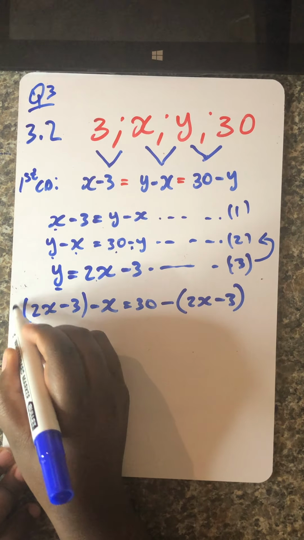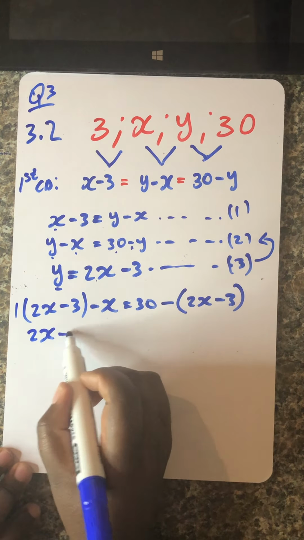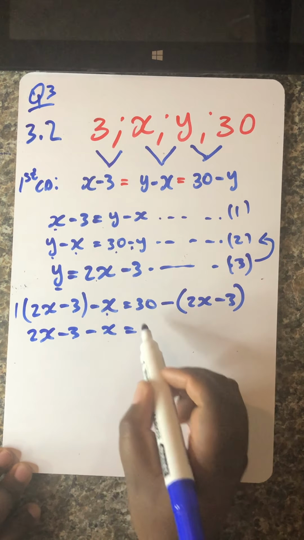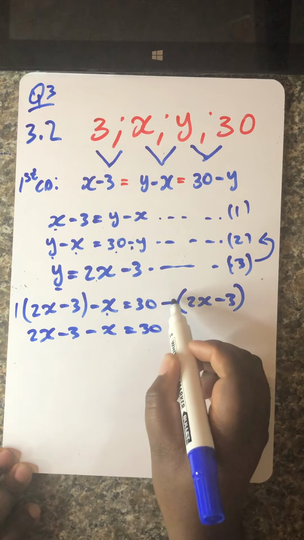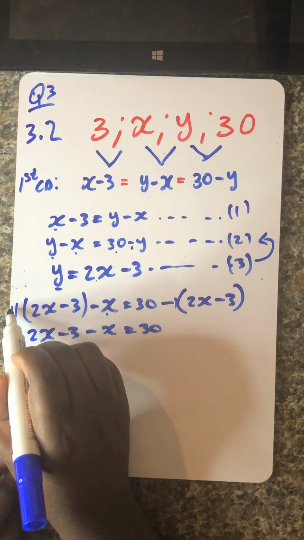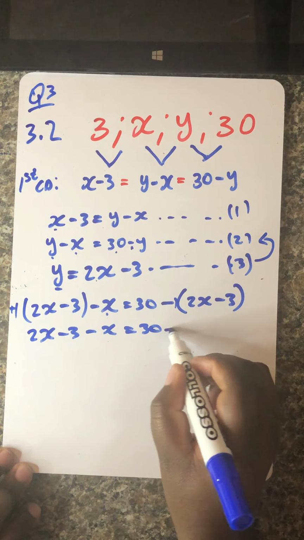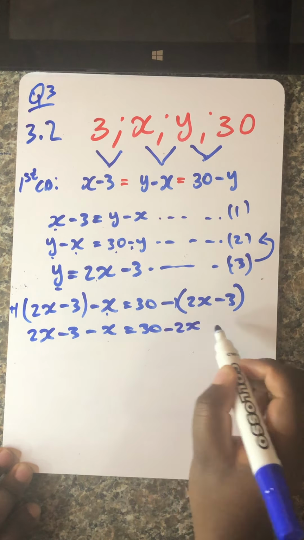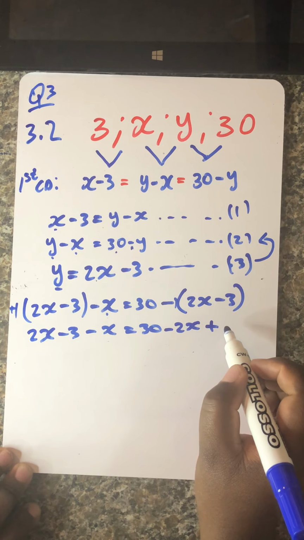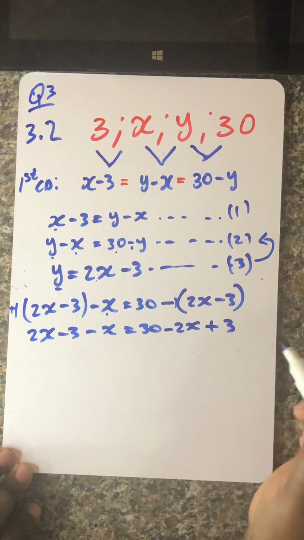You have 1 there, it multiplies, so you have 2x minus 3 minus x equals 30. You also have 1 there. The difference was that was positive 1, this is now negative 1. Multiply by negative 1, you have negative 2x, and then multiplying by negative 1 again, it becomes positive 3.